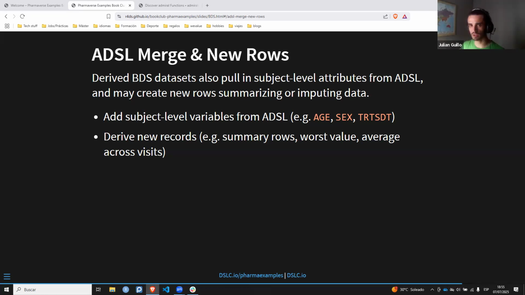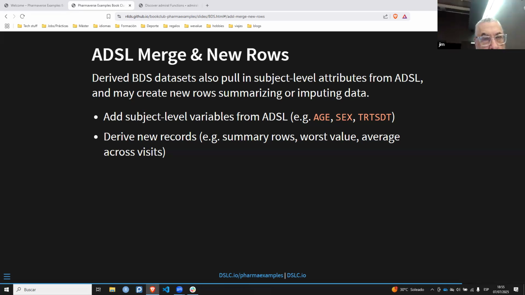No, I don't think so. I think these are new rows. If you want to get, for example, what the worst value is, imagine you're creating a different table, like you have this table with the blood pressure, for example, and you want to get the highest blood pressure.